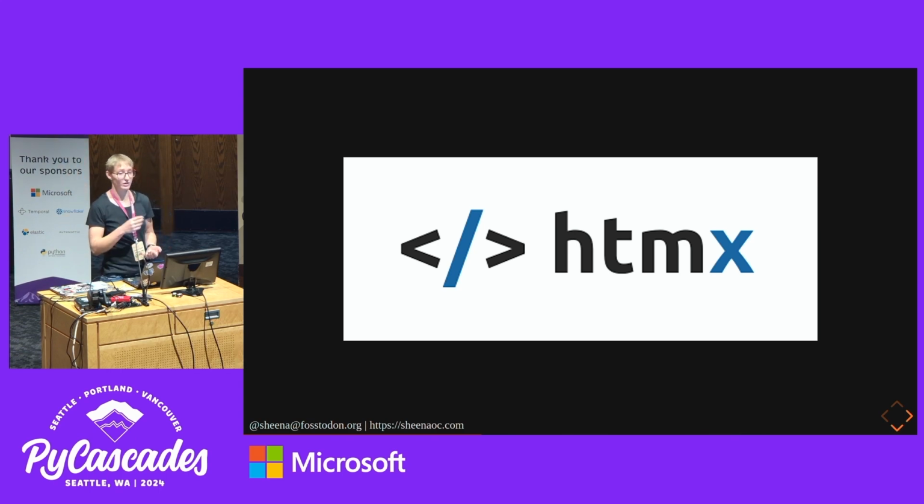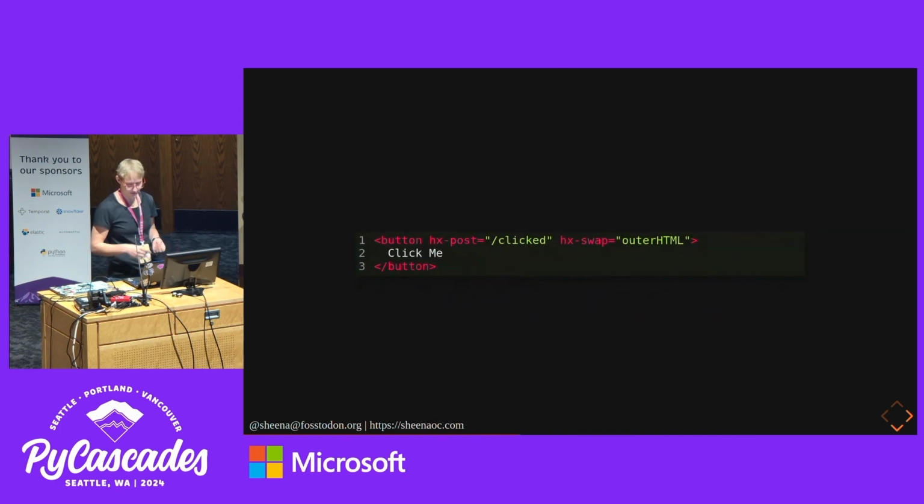All right, cool. So what HTMX does is it gives superpowers to your HTML. It makes your HTML more powerful. It is able to do Ajax-y things. So here is the hello world of HTMX. HTMX is just a very small JavaScript library that you include with a script tag, and then suddenly you've got these extra attributes on your HTML that you can do cool things with.